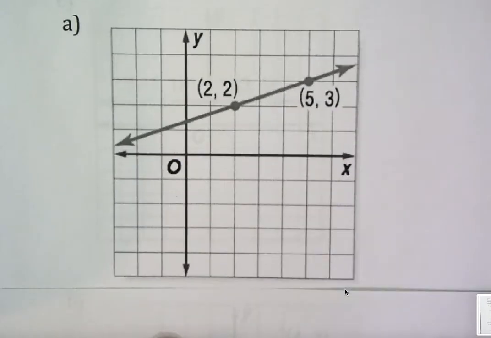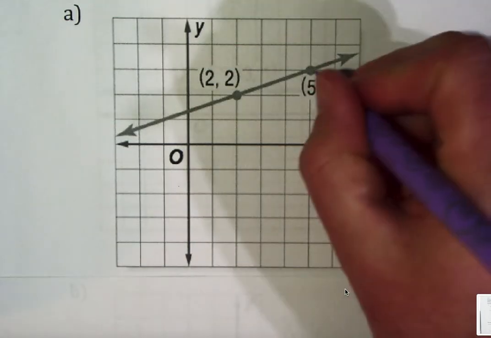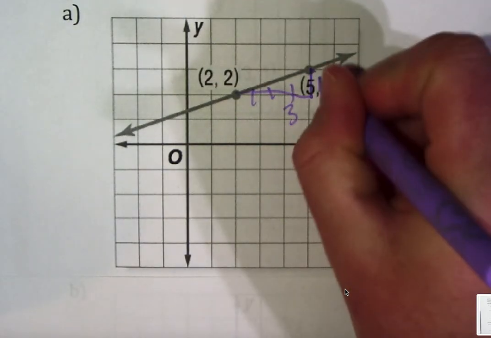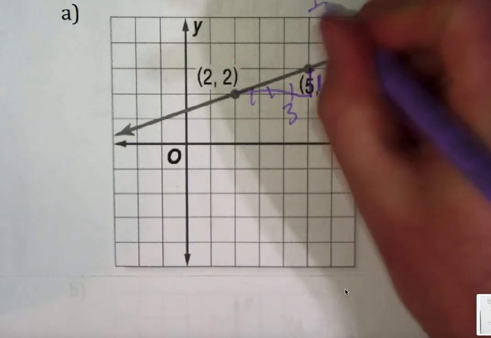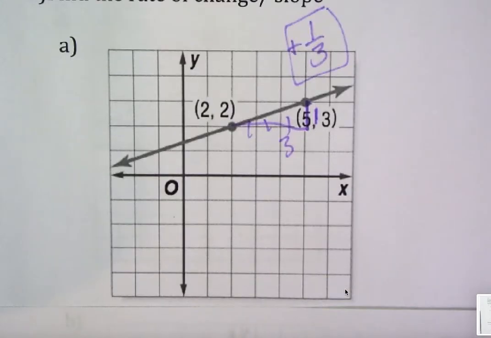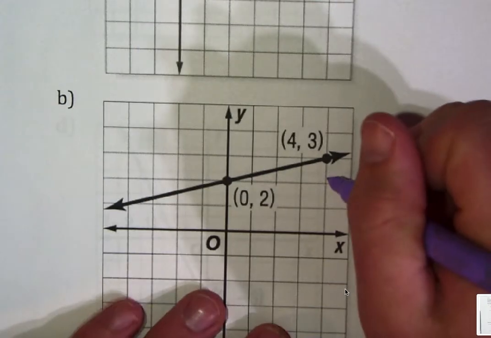So then I would go through here. Go ahead, you find the rise and run. Pause me right now. Okay, I can see that as a positive slope. The run is 3, the rise is 1. So my slope is positive 1/3. Grab the next one. Pause me.